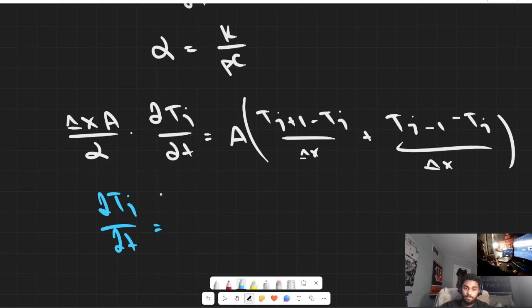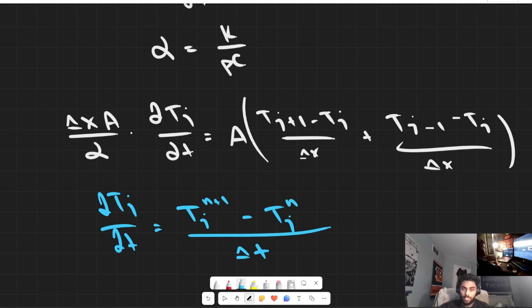Which is to say that if we have some temperature at some time n plus 1, that's going to have a higher temperature than its original state. And we analyze this change over some selected range of time.